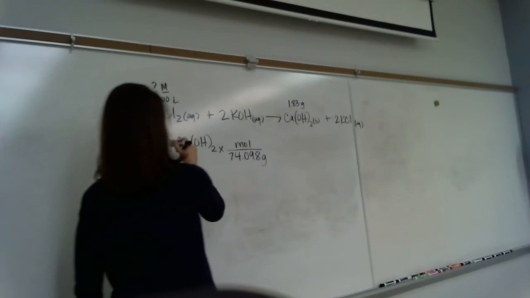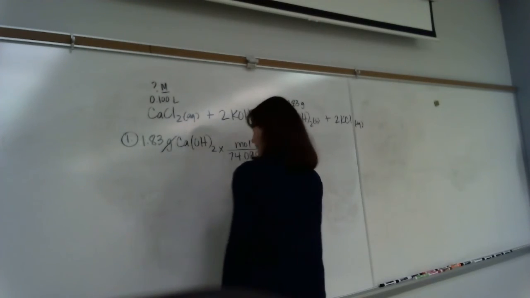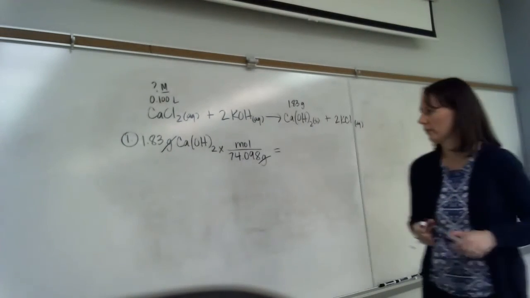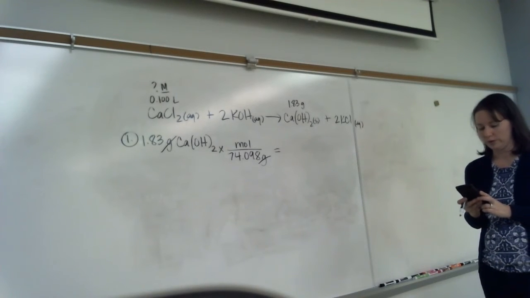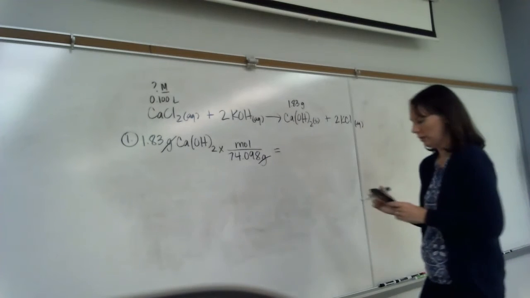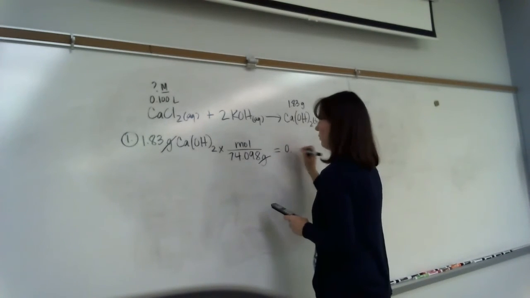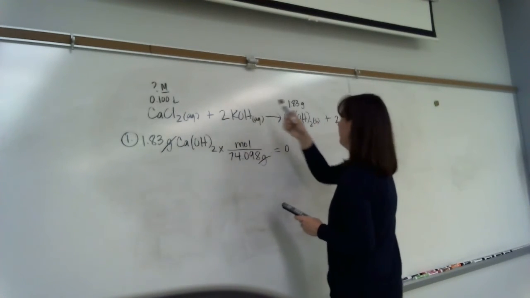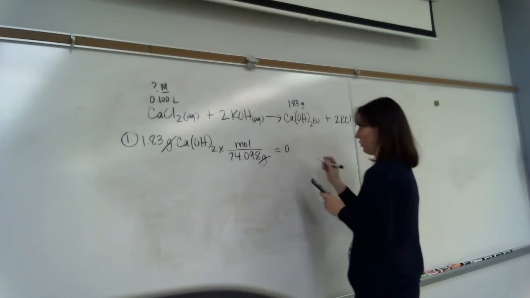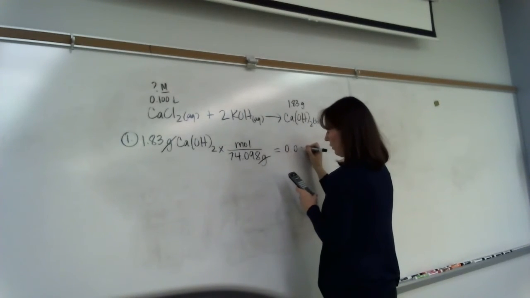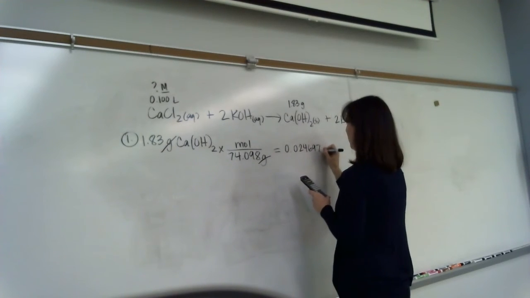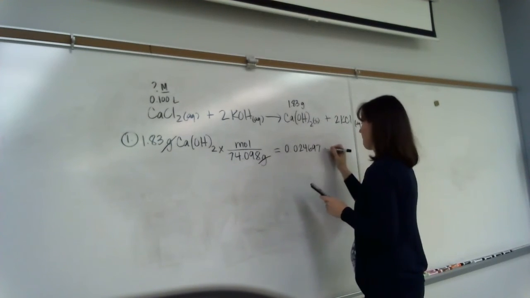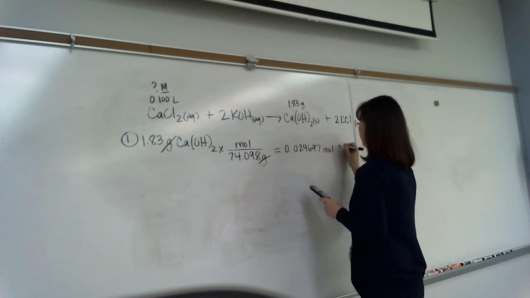All right, so grams to moles. So 1.83 divided by 74.098. We're going to eventually be needing 3 sig figs, so let's carry out at least one extra. 0.024697 moles. I carried out 2 extra.